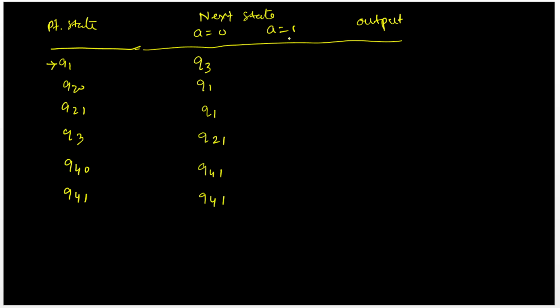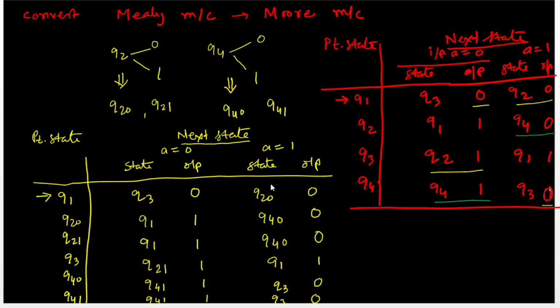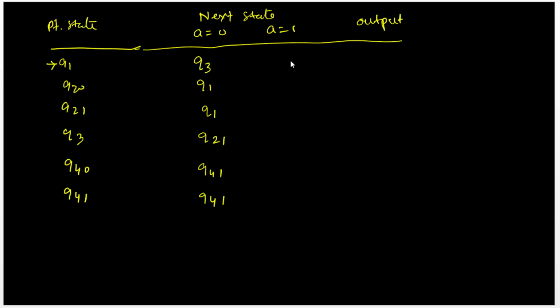And for a equal to 1, the states will be Q2 0, then Q4 0, Q4 0, Q1, Q3, and Q3.